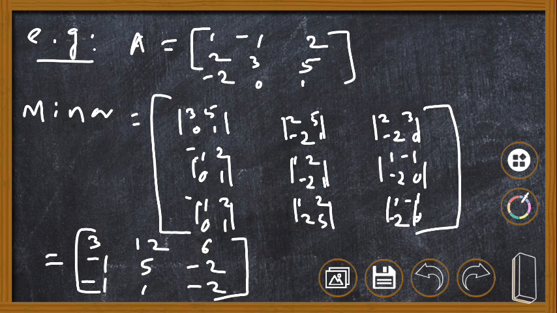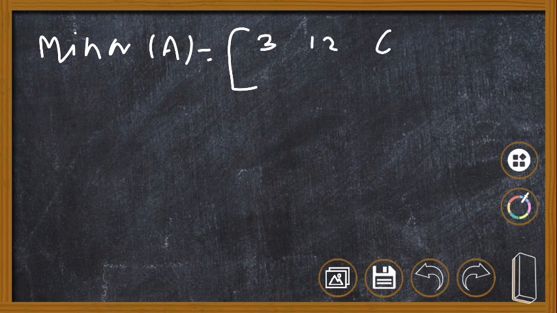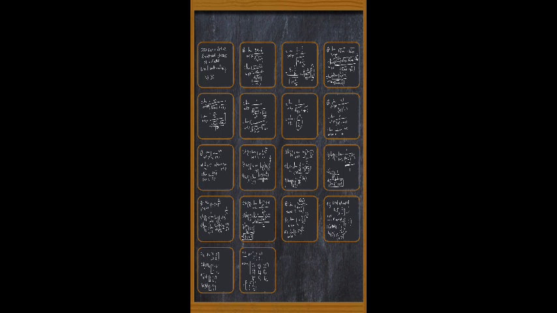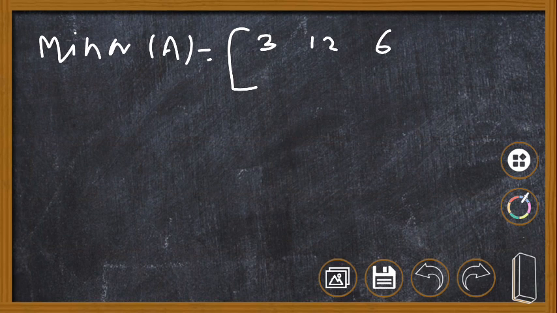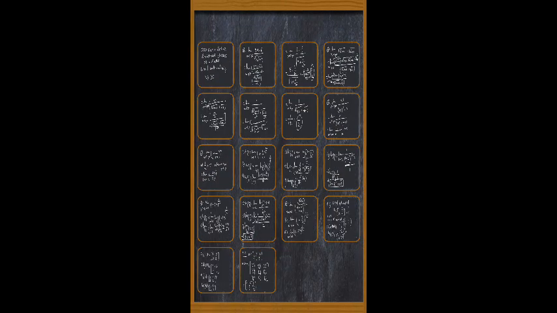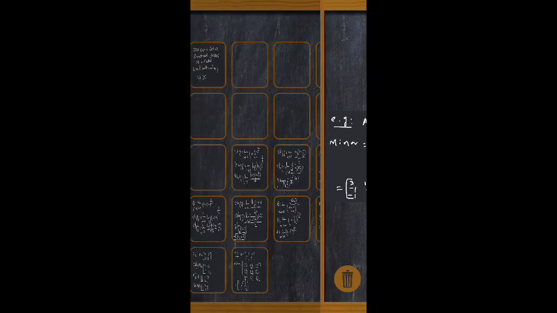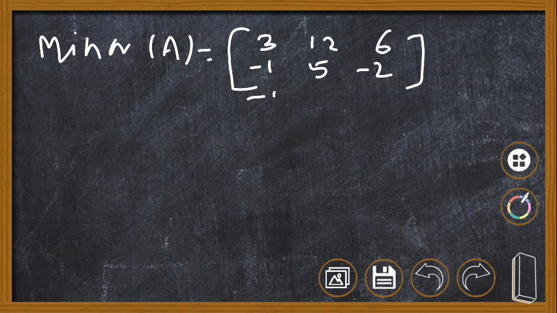So here the minor I get is 3, 12, 6, then minus 1, 5, minus 2, and at last minus 1, 1 and minus 2. So this is the minor of this.